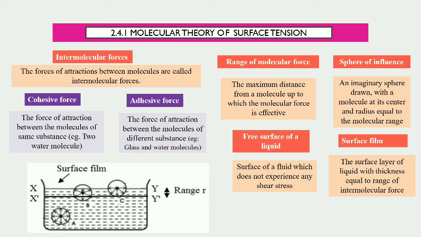So this force will be effective up to a certain range. The range of molecular attraction is nothing but the maximum distance from a molecule up to which the molecular force is effective. The next term is sphere of influence. Suppose we consider a molecule as the center and the range of molecular attraction as the radius, and we draw a circle.